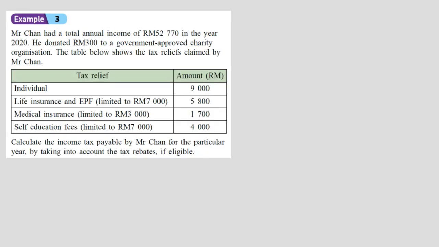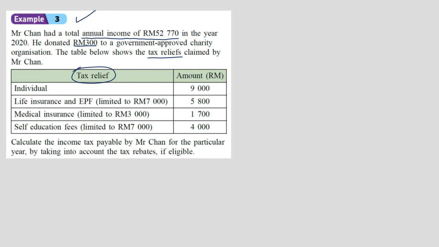Okay, for better understanding, let's see example 3. Mr. Chan had a total annual income of 57,770 and donated 300. When you donate, this is tax exemption. And the table shows the tax relief.